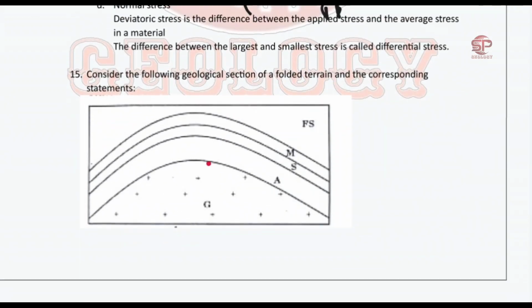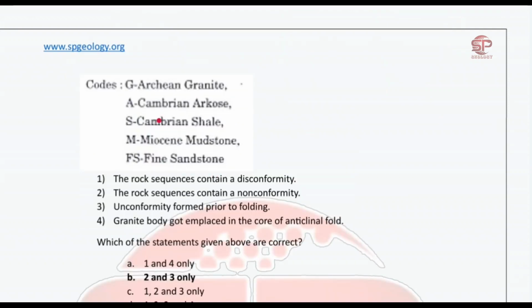We also consider the following geological section of a folded terrain and the corresponding statements. Here is a folded terrain where G is igneous, A is Cambrian arkose, S is Cambrian shale, and N is Miocene fine sand. In between, see this is G and A, this is Archean granite, and this is Cambrian.